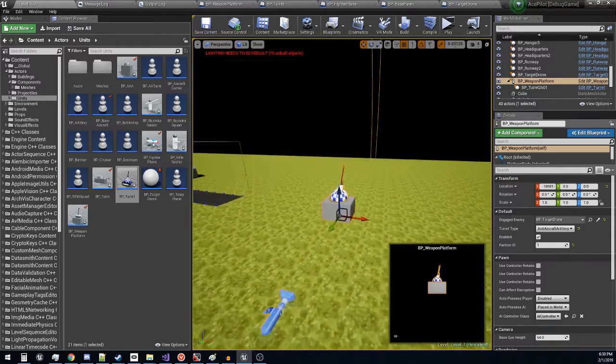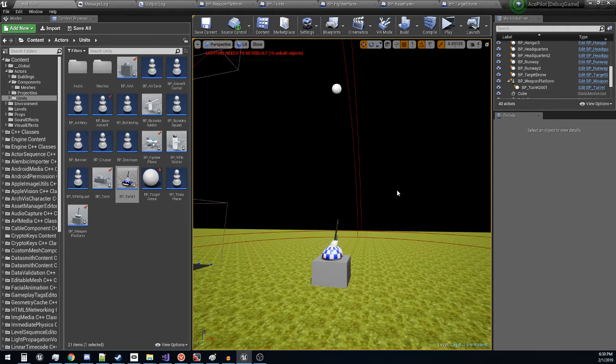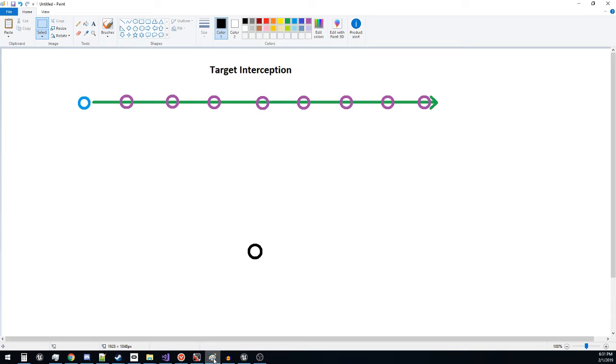I ran into an interesting and challenging engineering problem, which I would like to show you guys. So this has to do with target interception. Let's say that this piece right here is our anti-aircraft artillery gun, and it is trying to shoot an airplane which is moving through the sky at a fixed velocity.